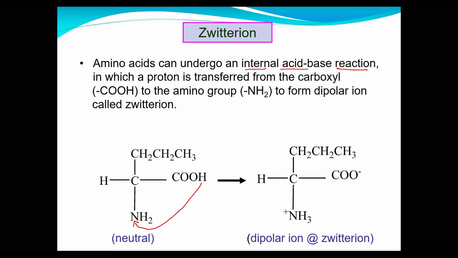This internal acid-base reaction causes the carboxyl group to be negatively charged and the amino group to be positively charged.